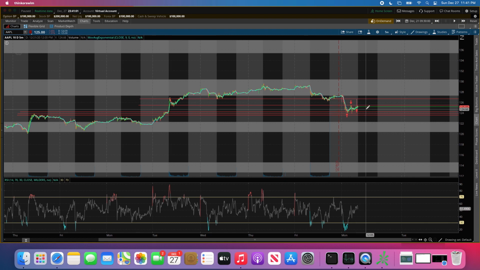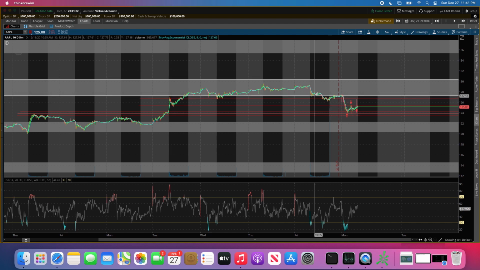As far as what confirmations I saw on the 5 minute, before the 21st we had our previous trading session, which was on the 18th, the Friday. We were able to see that price did go ahead and break a major level of support.